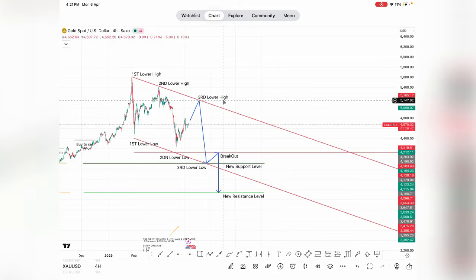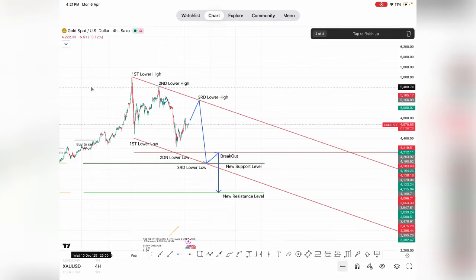But since we want to pick a sell, we need to set our stop loss above this line. Okay? This line. So let me quickly draw that line. So let's see, this is our third line.